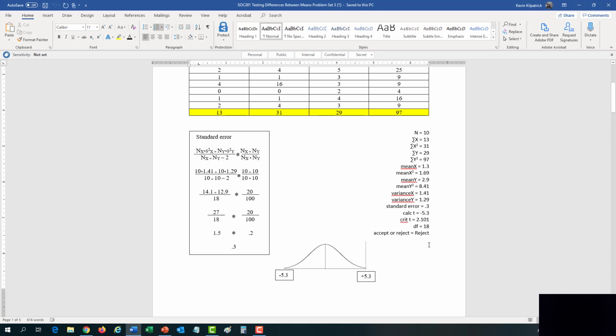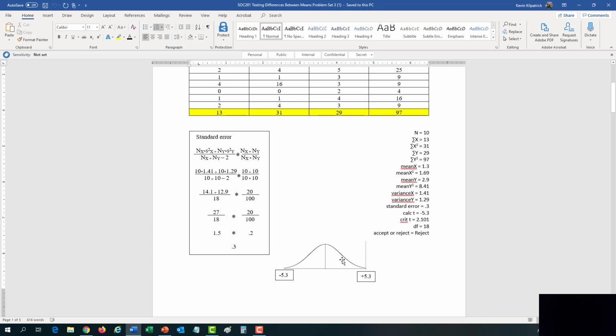Now, here's the last thing I'm going to tell you. If this was a one-tailed test, then this is the only answer that you would see on this curve, because it would only be relating to one of the tails, and what you calculated is that negative 5.3. So if this was a one-tailed test, the answer would be to accept the null hypothesis.